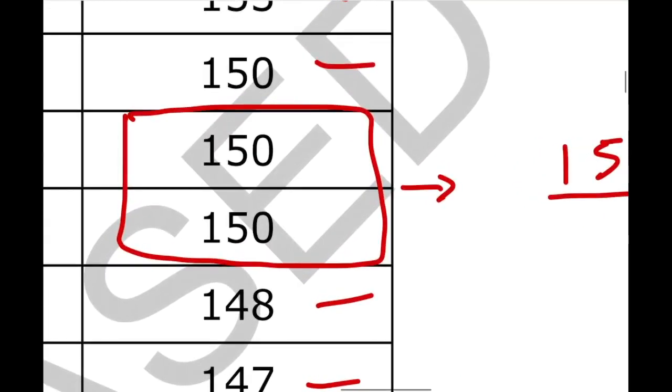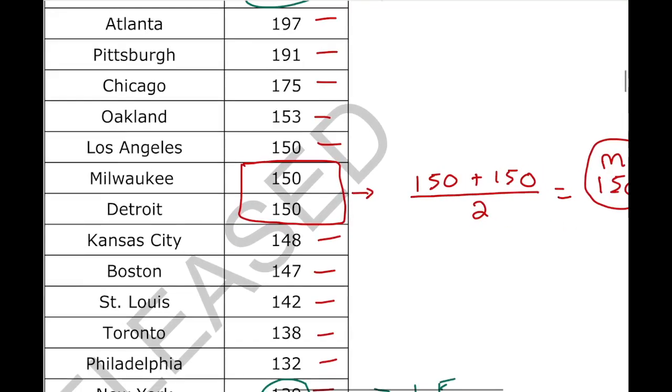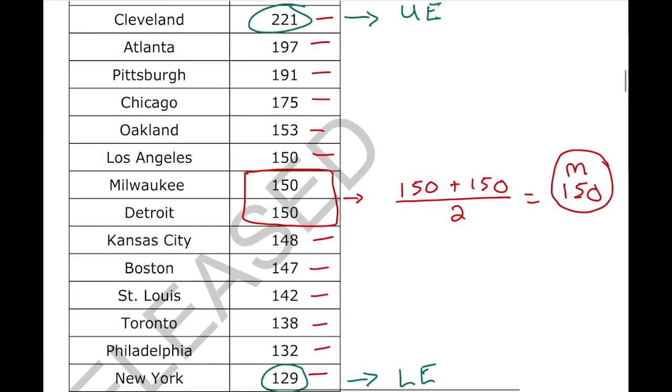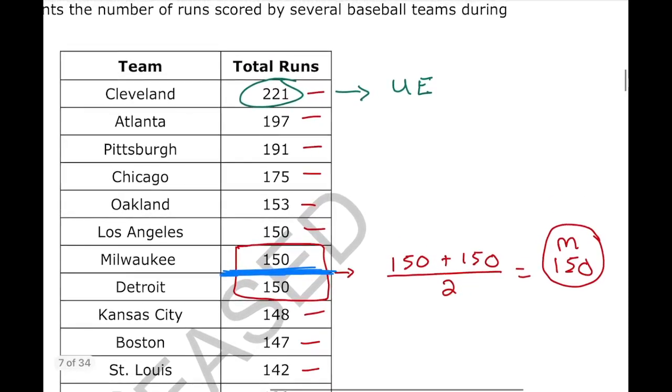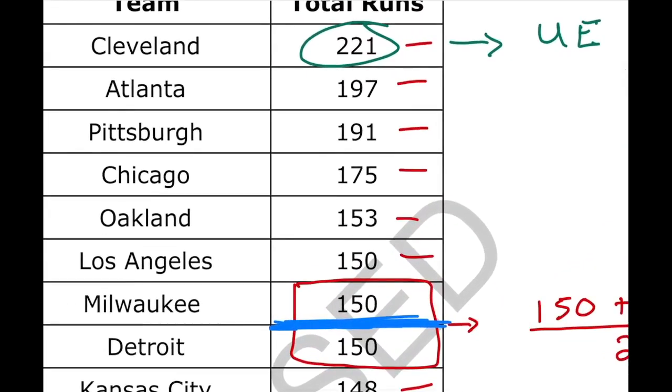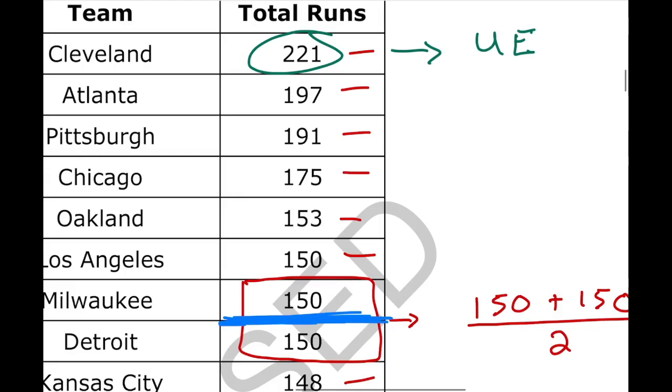So, on this one, because we said 150 plus 150 divided by 2, we should say that the median exists right here, which means when you find your upper and lower quartiles, we need to include the 150 in that number. So when I'm working to find the upper quartile, include this one.